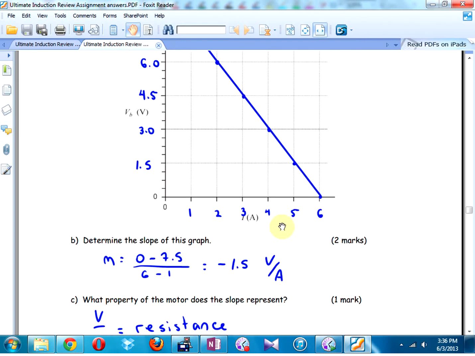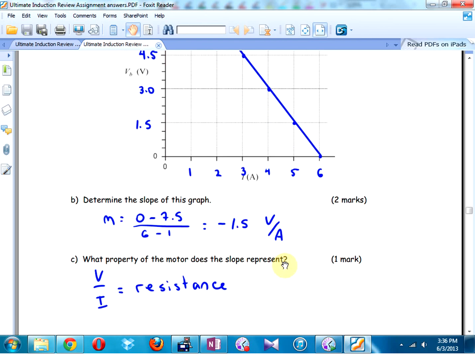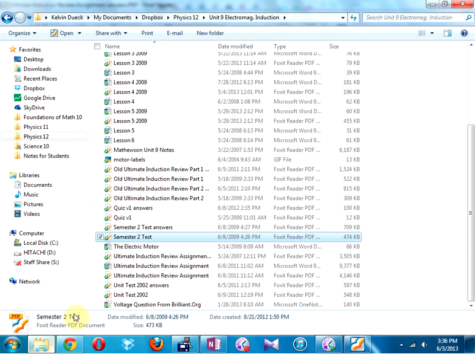No, in fact, if you wrote ohms, I'd be like, woohoo! Cool, you spotted it right away. I would have, but I didn't want to lose my students in the answer key, so volts over amps. Hey, that is voltage divided by current. It's got to be resistance. In fact, I think if this was the provincial, it actually wanted what slope, what property, and the units. So it would have been resistance, comma, in ohms, I think is what they wanted for full marks. Okay. So let me find a formulas page.